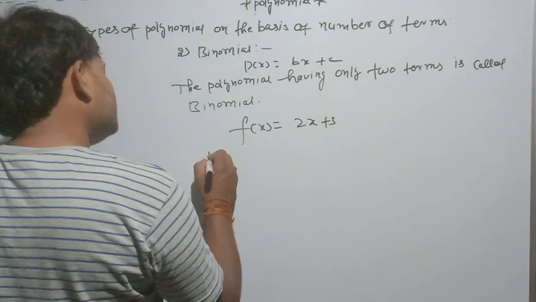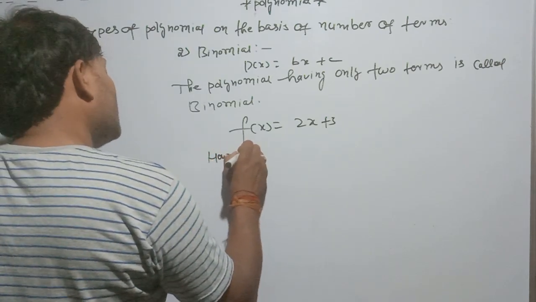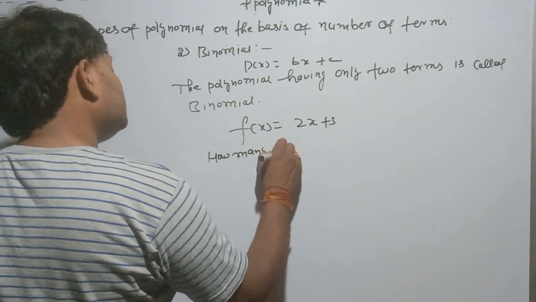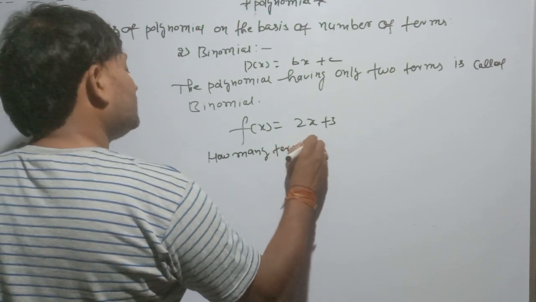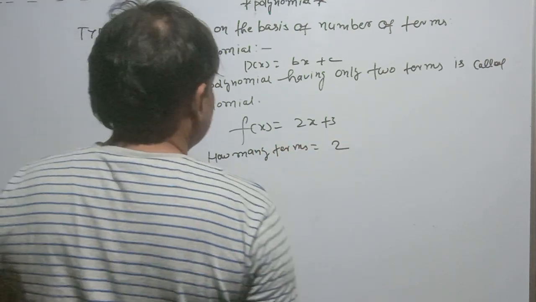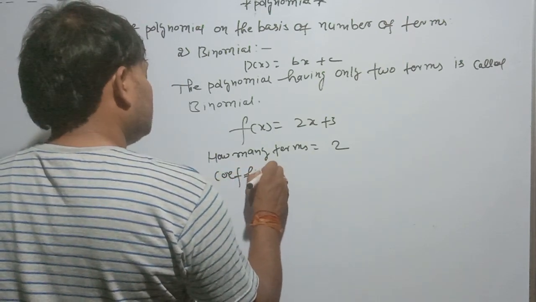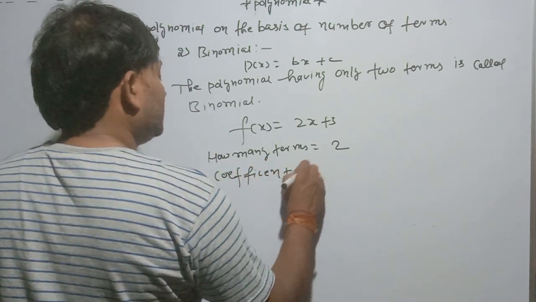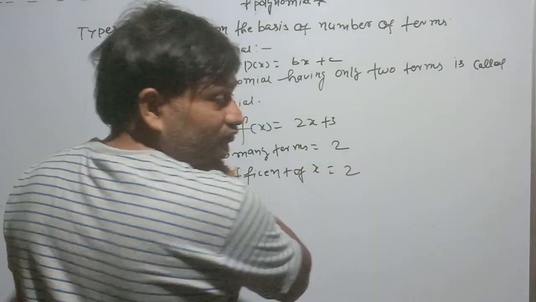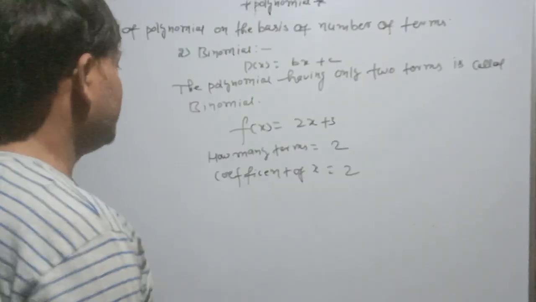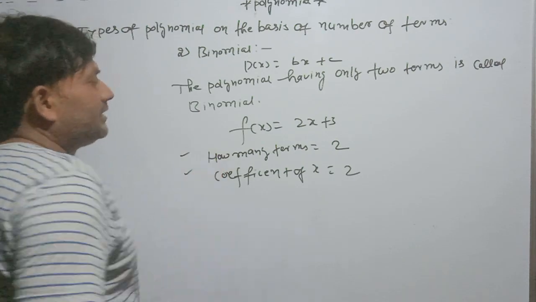So how many terms? Two terms. And the coefficient of x is equal to 2. Okay, you have to write like this.